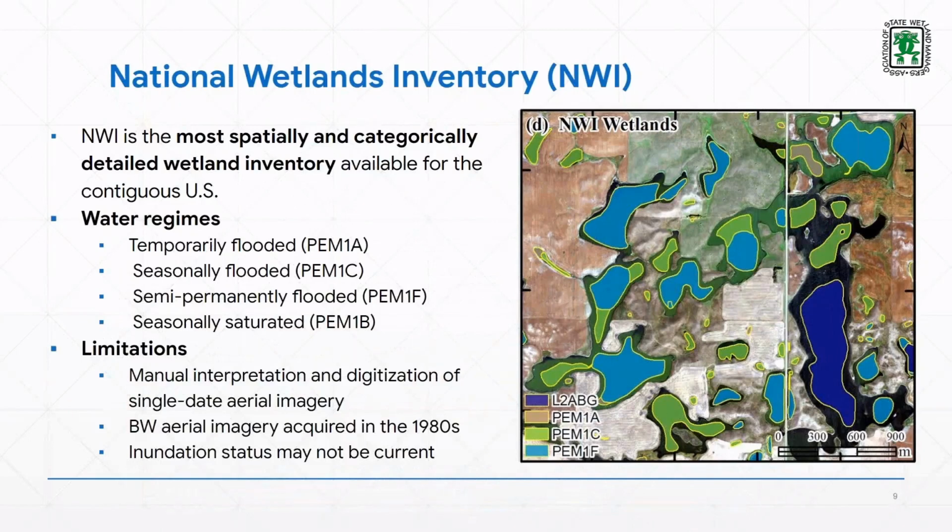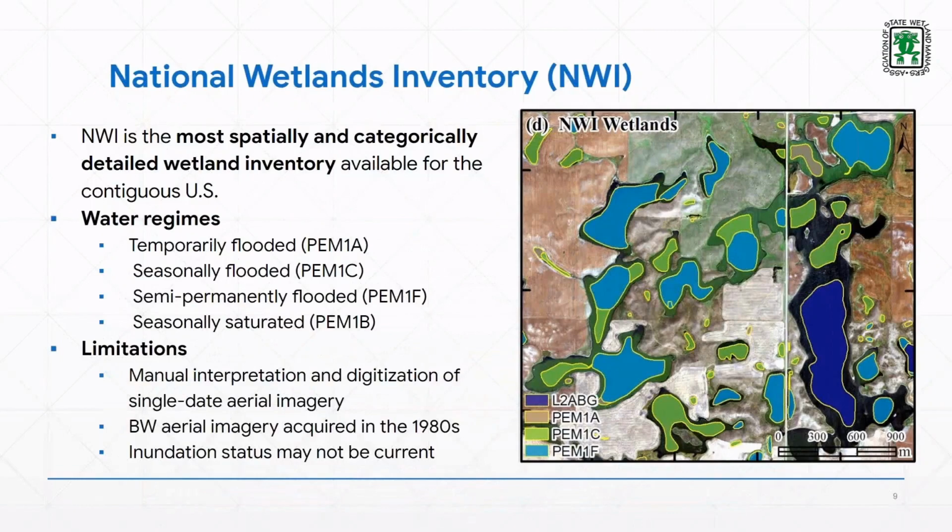So the NWI is the most comprehensive, but it does have some limitations. For the PPR region, most of the NWI was developed by manual interpretation and digitization of black and white aerial imagery acquired in the 1980s. So it no longer reflects the current inundation status. So we basically need to update the inventory.